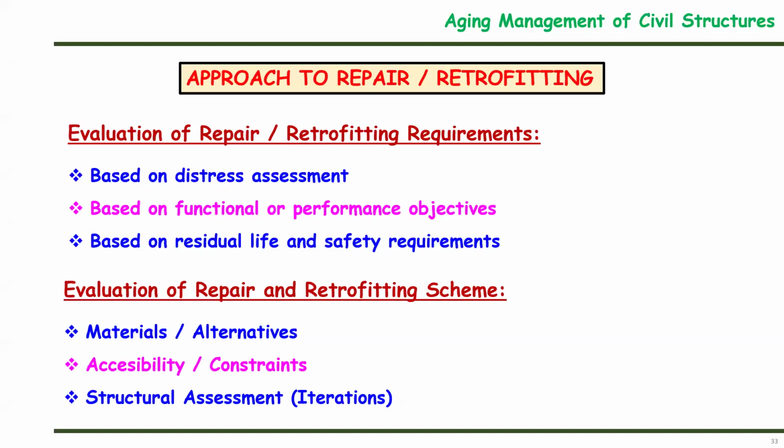This also plays a major role in evaluating the repair and retrofitting requirements. And it can also be based on the residual life, meaning how much life the structure has and what the safety requirements are. So these three parameters decide the evaluation of repair and retrofitting requirements.